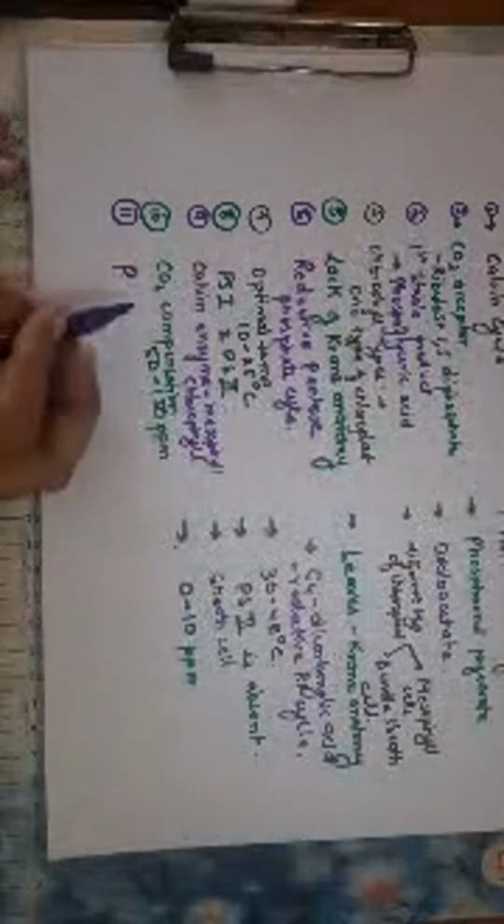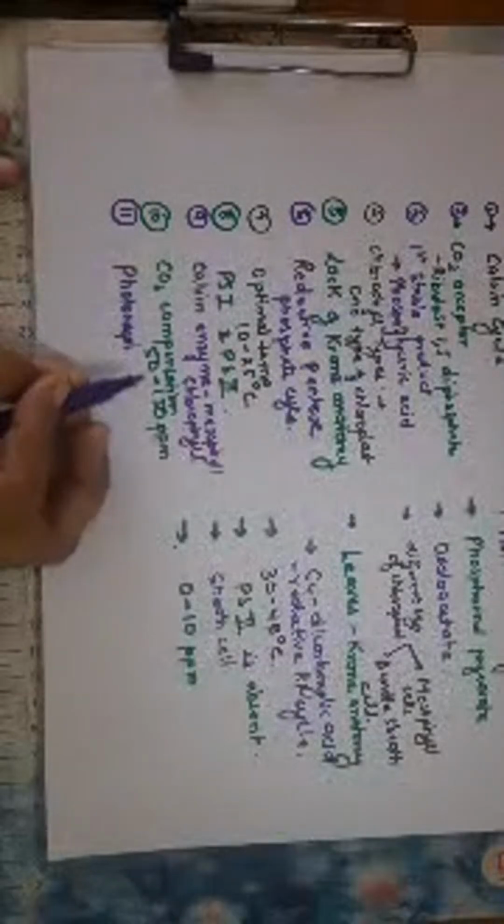Now, the 11th difference between C3 and the C4 plant is that photorespiration is present and easily detectable in case of C3 plant.